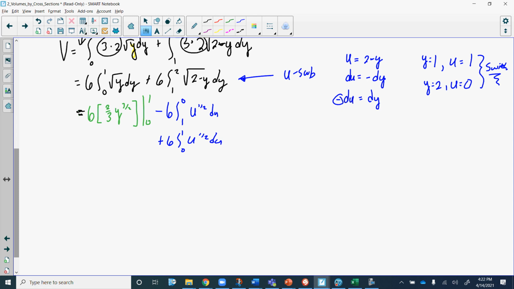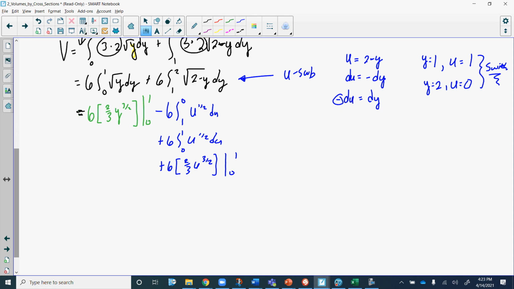And now we can start taking the actual integration of each part. So since I have the blue, I'm going to go ahead and just finish this part here.